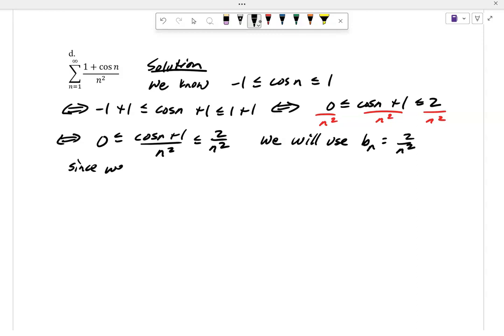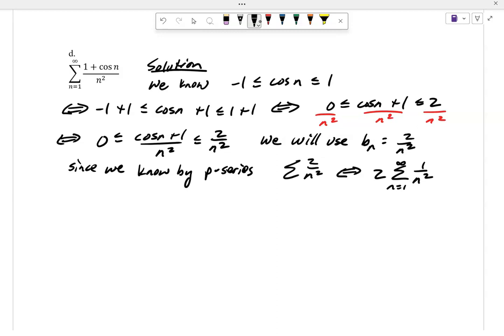Since we know by the P series, 2 over n squared, well, that's 2 times 1 over n squared. So we know by P series, P is 2, so we got P being greater than 1.